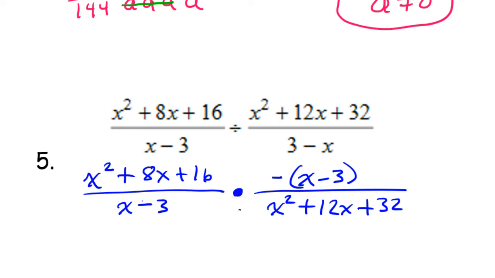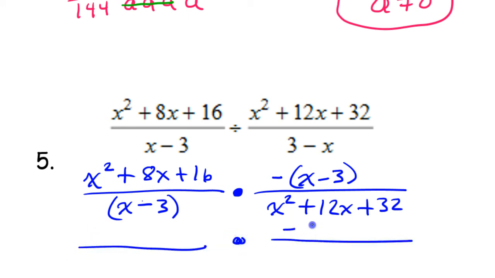Okay. Now I need to factor everything else. Looking at the numerator here, I really want to factor that. And I see this denominator over here. I want to factor that. So let's see. I have my negative x minus 3. I have this x minus 3 over here. Let's see. This trinomial. Let's factor that. x squared will be x times x. 16 is going to factor as 4 times 4.